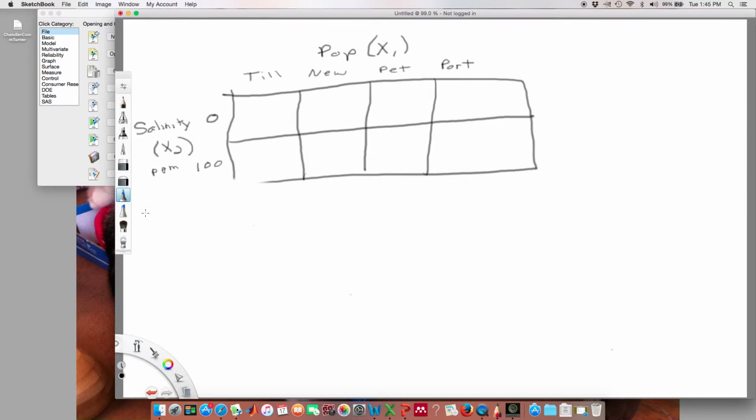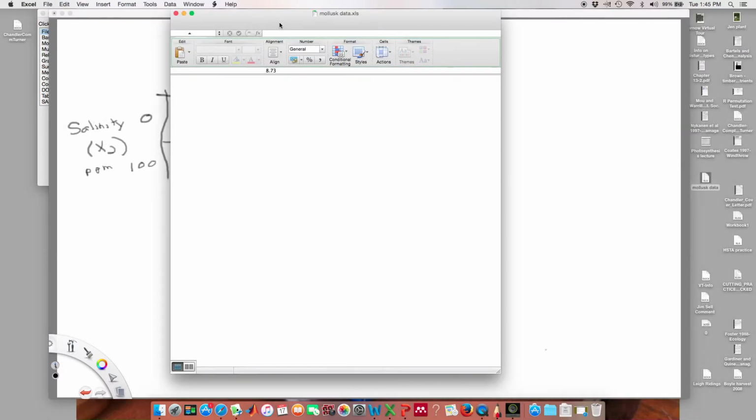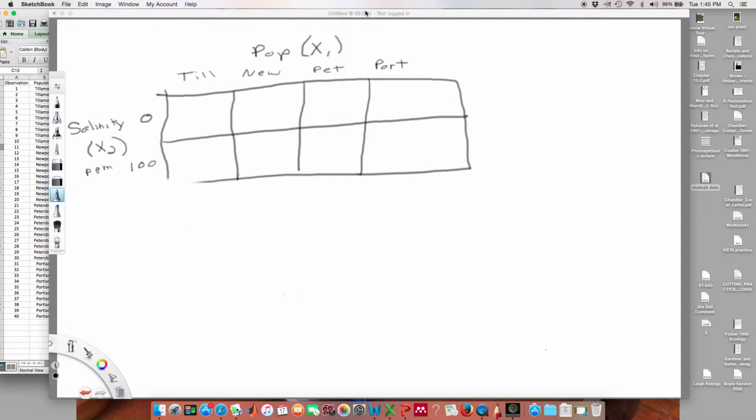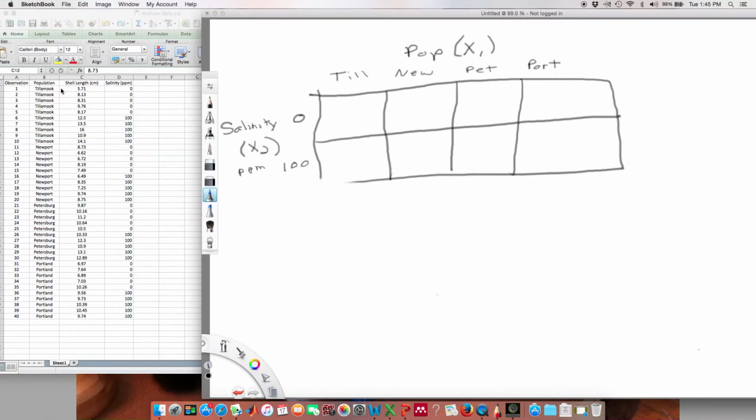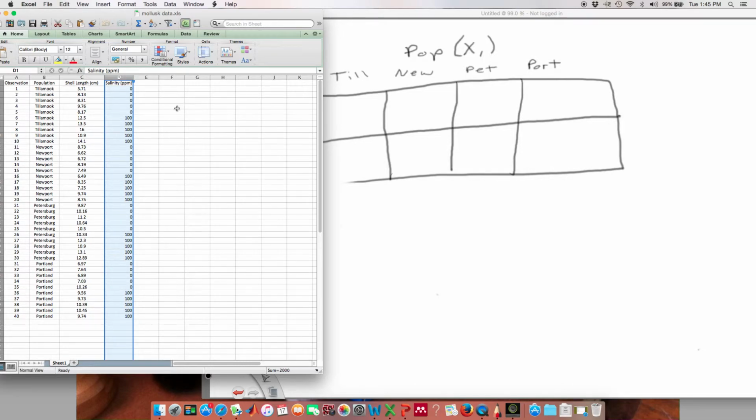All right, so as I said before, you can have as many levels of each independent variable as you would like. So let's bring up our mollusk data again. You can see here that we still have population, our 4 populations. We have our shell length, but I've added salinity to this Excel sheet.